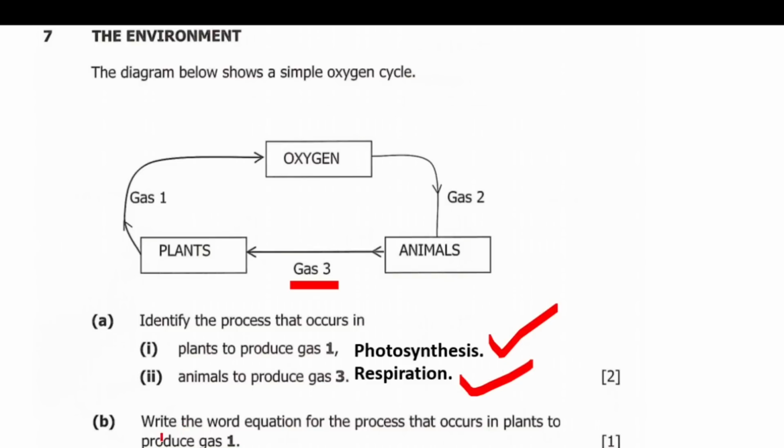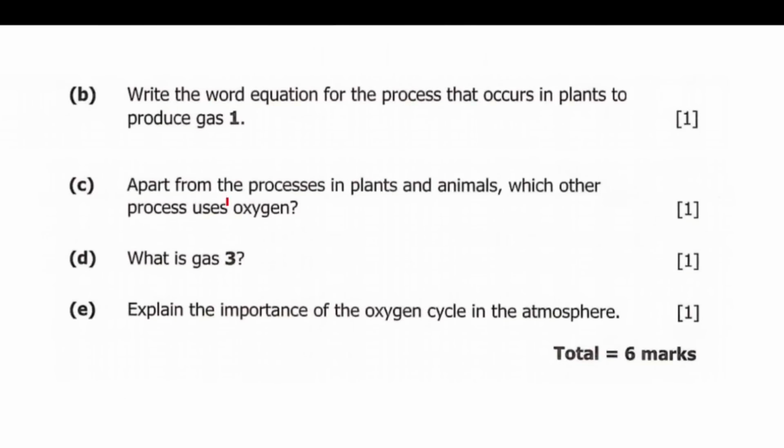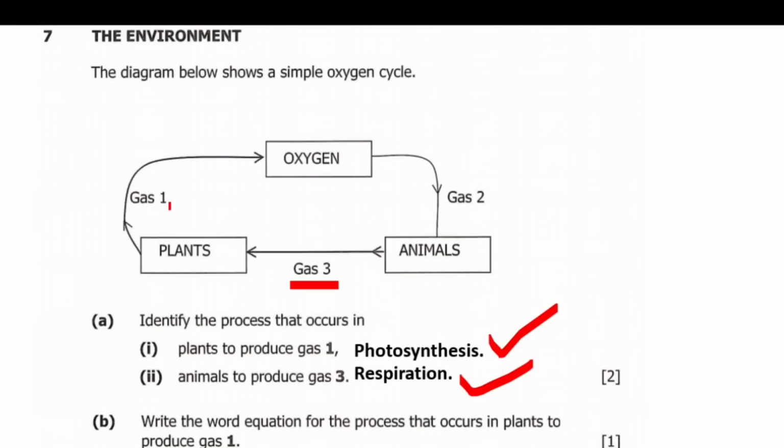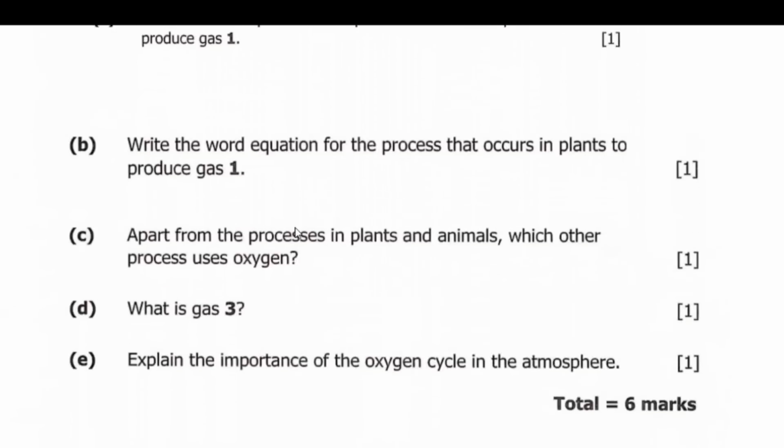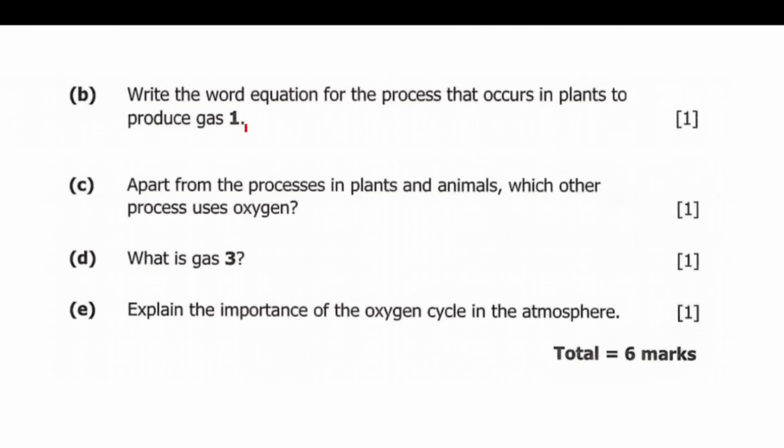Then B, write the word equation for the process that occurs in plants to produce gas 1, which is oxygen. That process is photosynthesis.